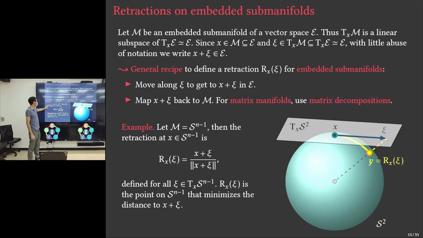For the unit hypersphere this is really easy, because we just apply this recipe: we move along psi to get to X plus psi, and then it's just a normalization. We divide by the norm of this vector, and this gives an element of the unit sphere, because it will be a vector with unitary norm.